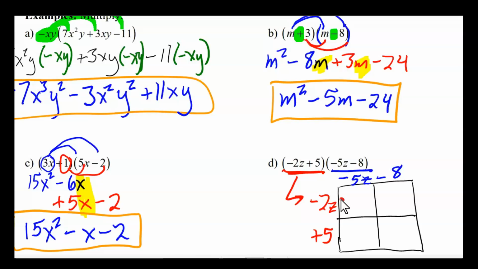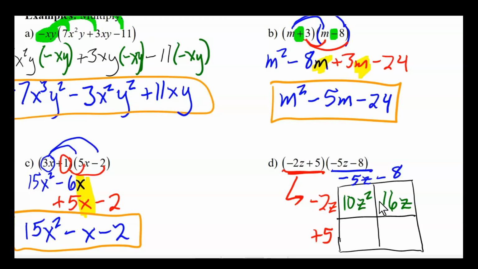essentially, how do you fill in this box? Well, you take this number in the front and this number in the top, and that top left box gets filled in by multiplying those two. So negative 2z times negative 5z, and I get 10z squared. Next box, negative 2z on the side, negative 8 on the top, so negative 2z times negative 8, 16z.